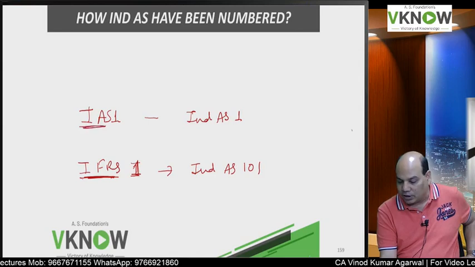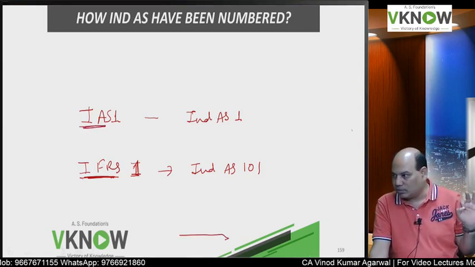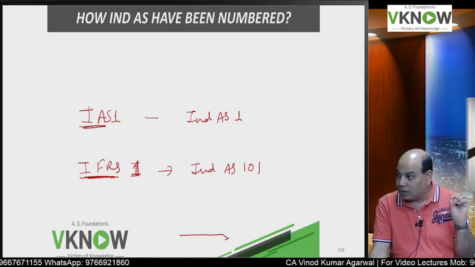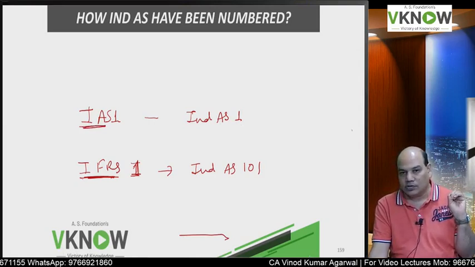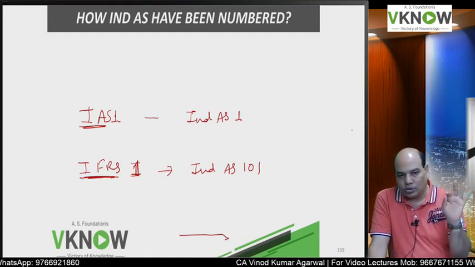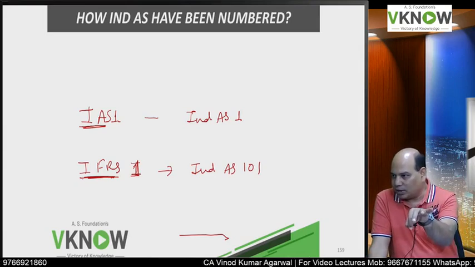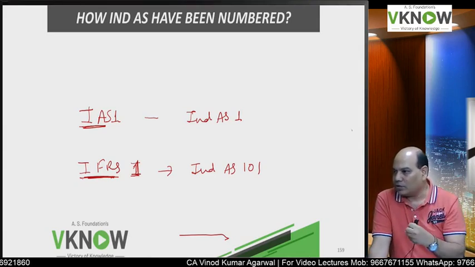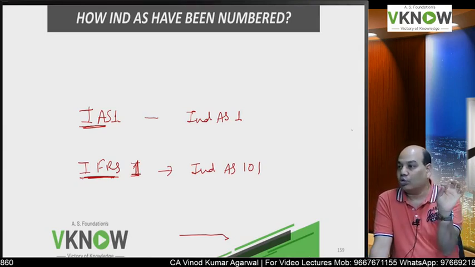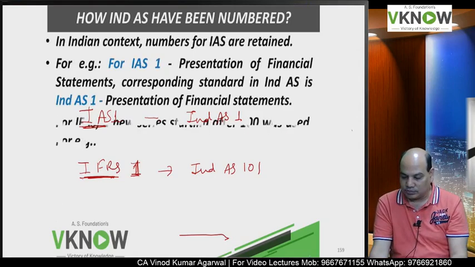If it is IAS, I will give the same number. So we have tried to maintain the same numbers, same paragraph numbers also. Paragraph by paragraph also we have kept it the same. Only if a paragraph is added, then one paragraph is added at that point. And if a paragraph is removed, we have written omitted, so that the paragraph numbers also match.